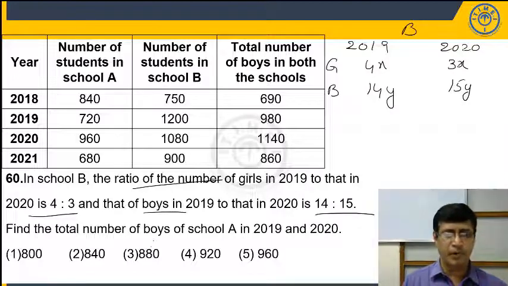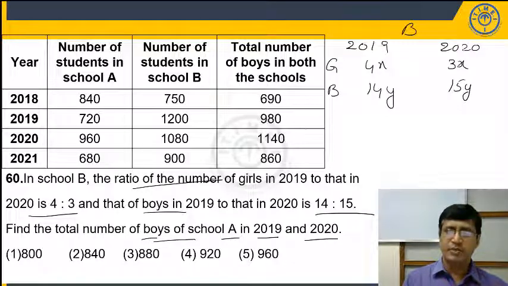Find the total number of boys of school B in 2019 and 2020. So what do we need to find? The boys in 2019 and 2020, total number of boys. Now simplify this. 2019, what is the value? Yes, my dear students, 2019, school B, how much is the value? 2019, school B, the value is 1200. 2020, how much is the value?